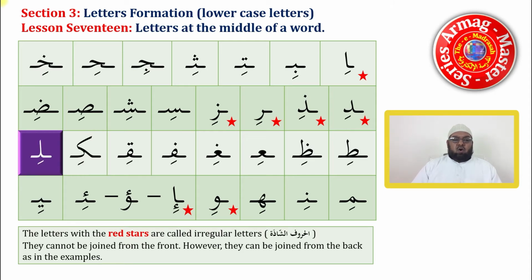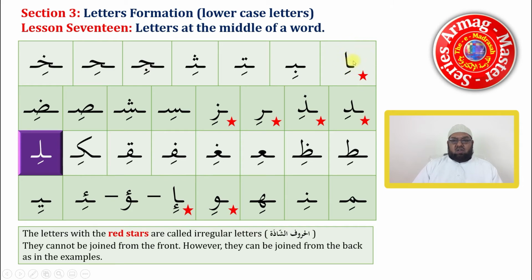Now a point to note from Lam. Lam can go both ways. So if we see a letter like Aleph and it goes both ways, then the letter is Lam. Okay? If it goes on the right hand side, like the first letter here, Aleph, then it will be Aleph.